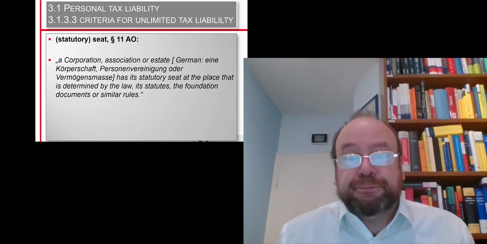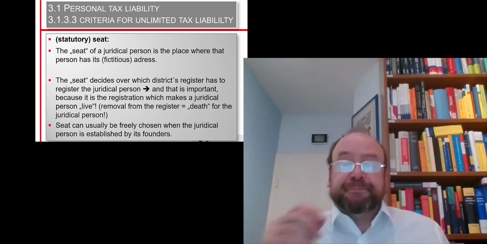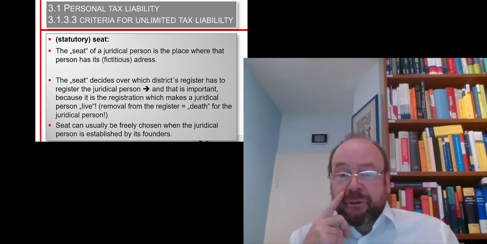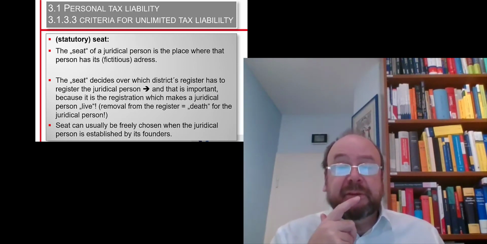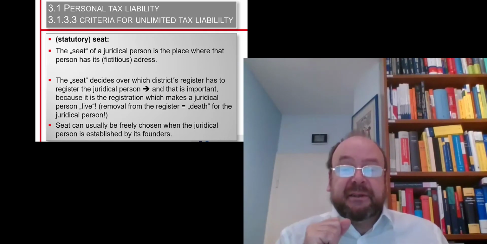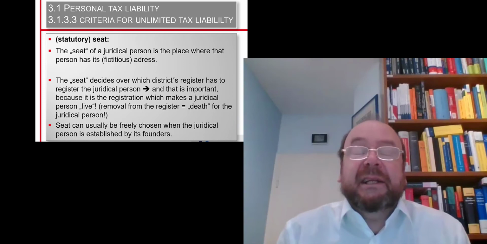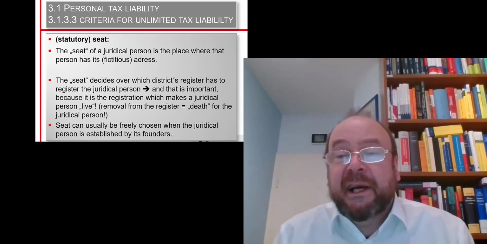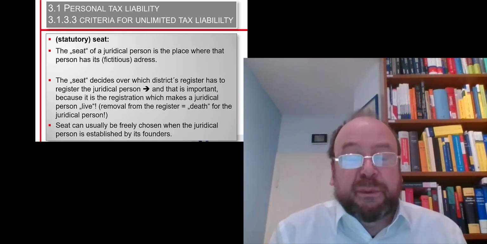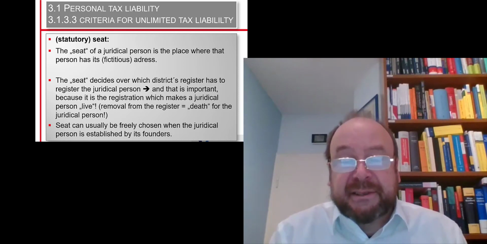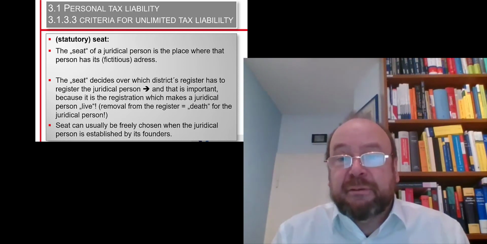So, juridical persons. The seat of a juridical person can be freely chosen, where you want to be registered. That counts for taxation. There will never be any debate if the seat has been abusive or not. Where you are registered, that is the seat for tax purposes.